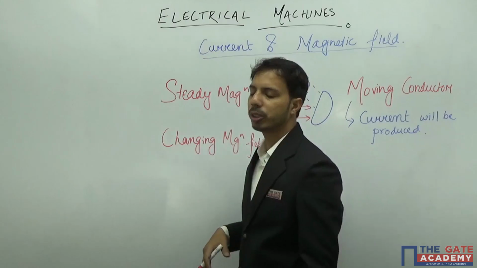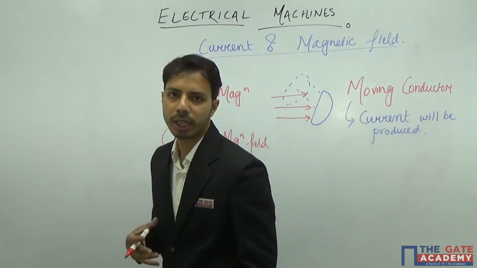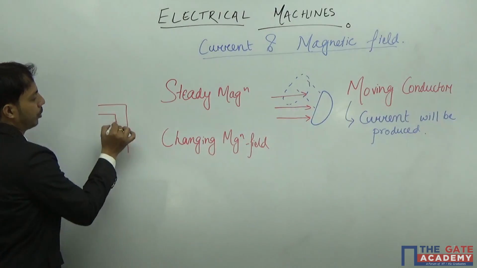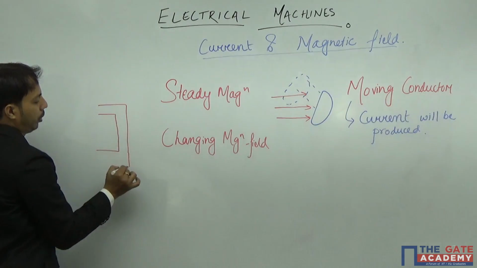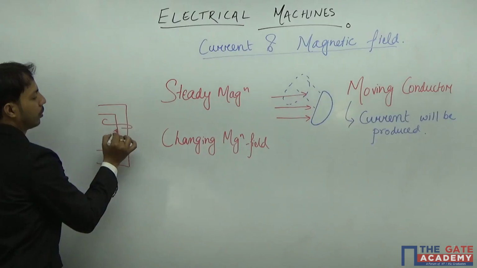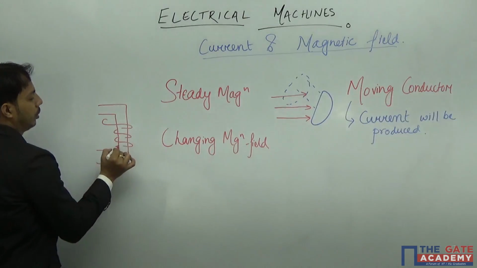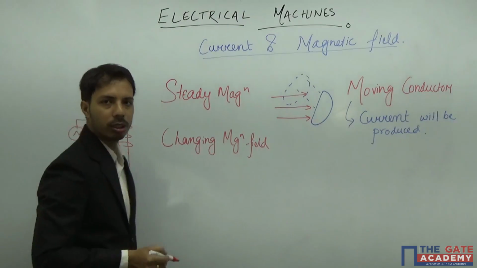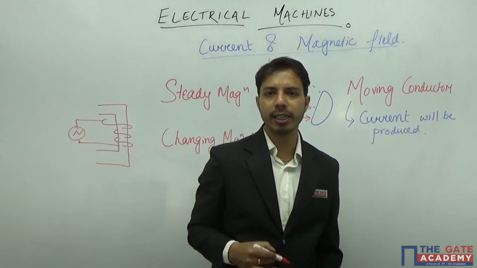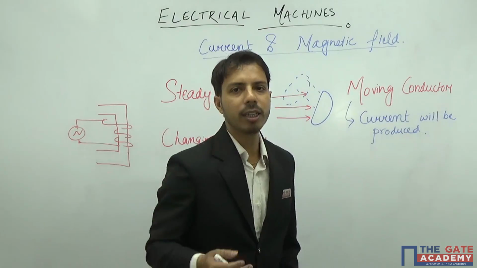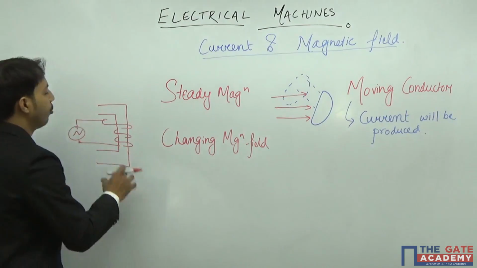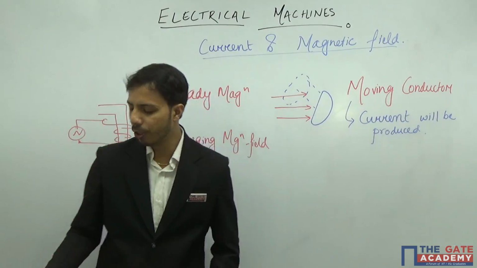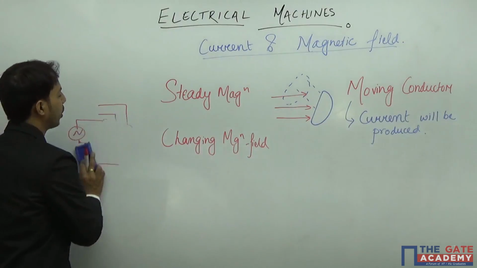Suppose I have an electromagnet or a coil here, and I am connecting it to an AC source. The current in the AC source will be alternating, due to which the magnetic field created in that solenoid or electromagnet will be changing with respect to time.